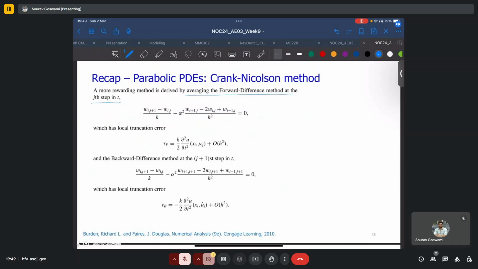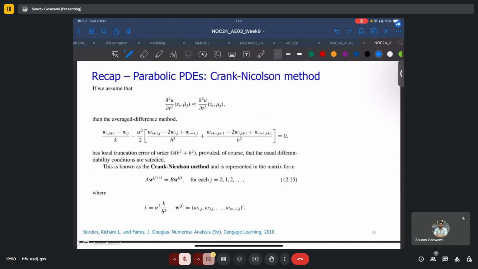which by the way will have a local truncation error of the order of h squared. And we are averaging the forward difference method with the backward difference method at the (j+1)th step in t, which takes the form (w_i(j+1) − w_ij)/k − alpha squared (w_(i+1)(j+1) − 2w_i(j+1) + w_(i−1)(j+1))/h squared equals 0, which again has a local truncation error of the order of h squared.